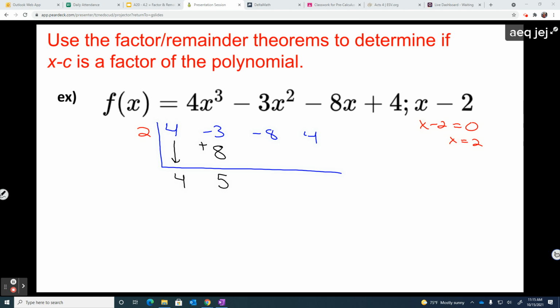And then we do that again. 2 times 5 is 10. We write 10 over the next one and add them together. Negative 8 plus 10 is 2. Do it again. 2 times 2 is 4. Add them together, and we get 8.